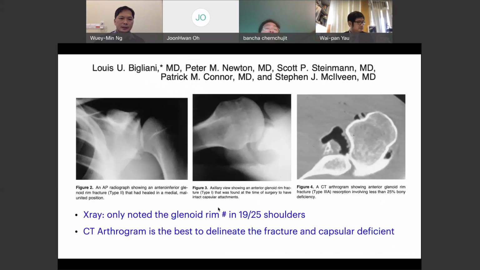In this paper also, Bigliani noted that X-ray could only detect 19 out of 25 patients of the shoulder dislocation that had the glenoid rim fracture. Well, we advocate that CT arthrogram is still the best to study the glenoid fracture dislocation and also to study any capsule division.